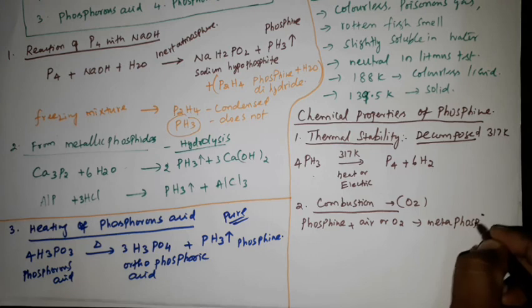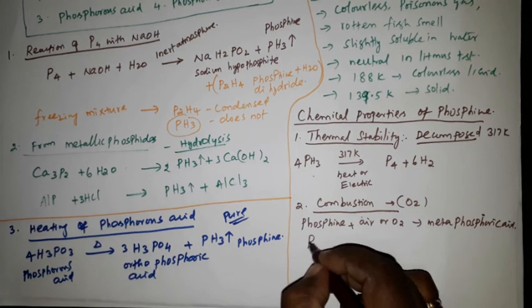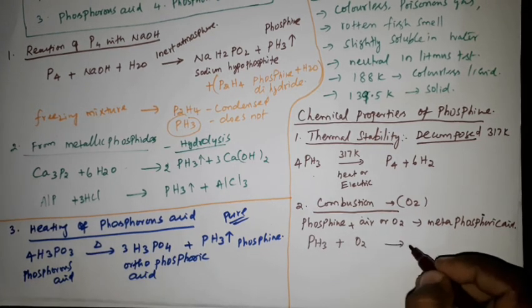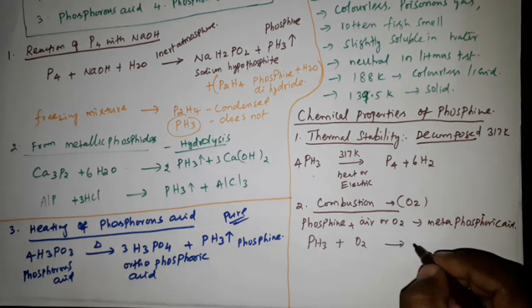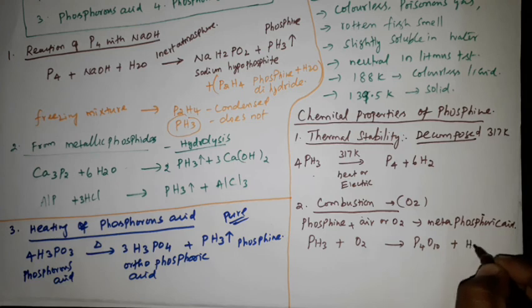The reaction is first PH3 phosphine plus oxygen. First it will produce phosphorus pentoxide, P4O10, plus H2O.